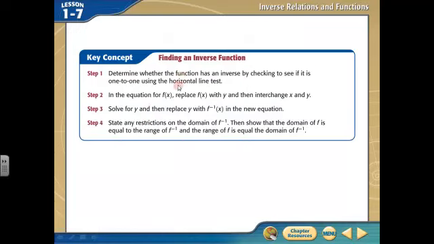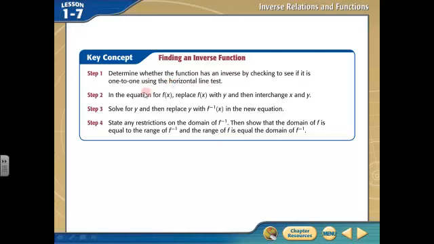Finding the inverse of a function. So let's say I want to find what the inverse is. We're going to use these steps to do this. First thing we're going to do is determine whether the inverse function exists by using the horizontal line test. So we would graph it on a graphing calculator and see if the inverse exists.